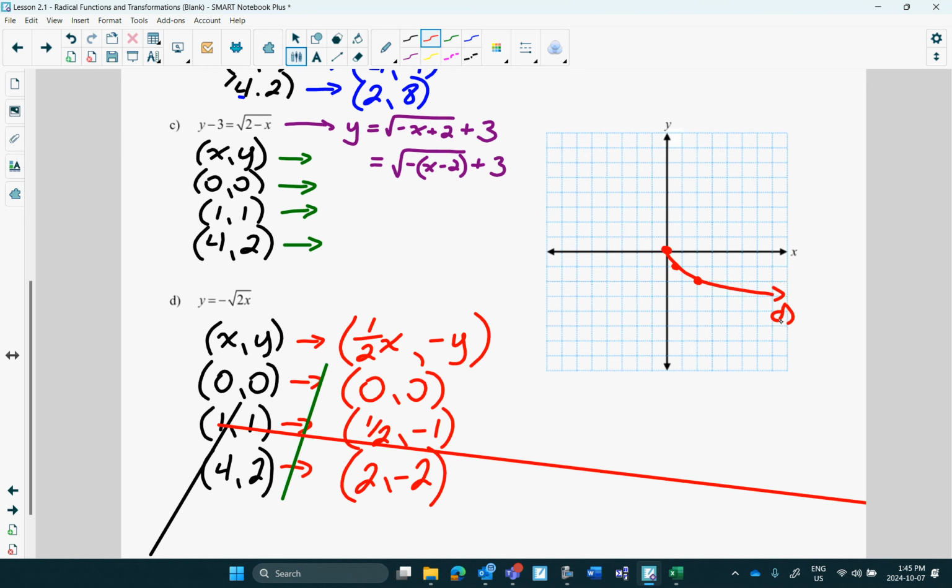This is incorrect because I need the x first. So there's a negative in front of the x. There's nothing in front of the 2, so it's positive. So if I reverse these, I get negative x plus 2. Are we okay there? Okay, it's the next part, I think.